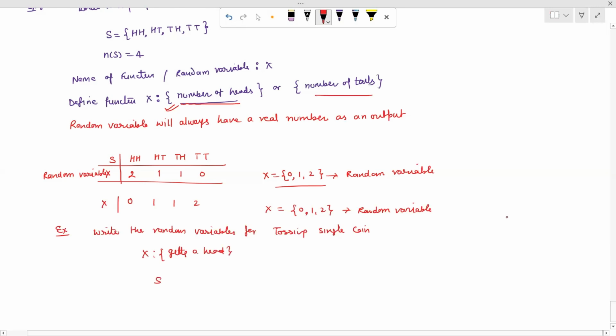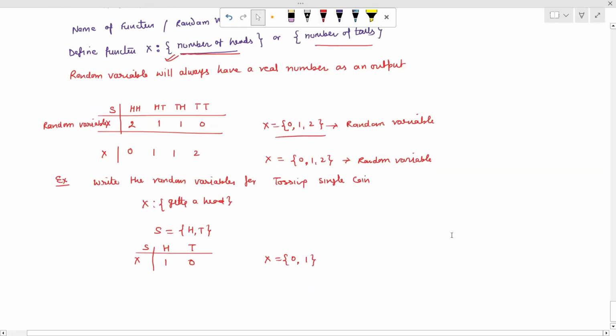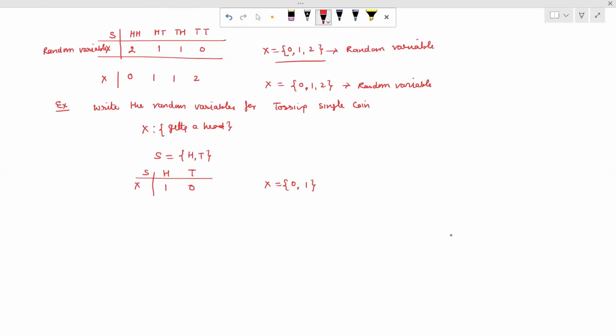So first we make the sample space as having two elements, head and tail. Now when we write down the sample space as H and T, the random variable X, getting a head is 1, not getting a head is 0. So the random variable X we denote as 0 and 1, getting a head or not getting a head. So 0 or 1 is the random variable for this example.